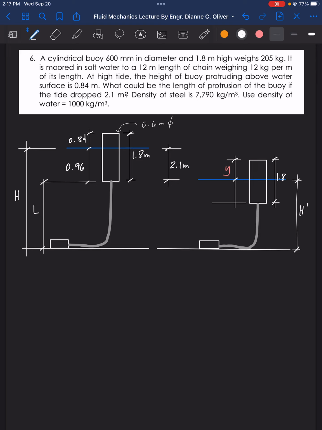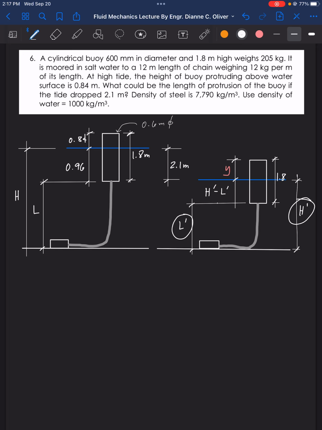Then since it went lower, this becomes L prime. So let's name this as h prime minus L prime.